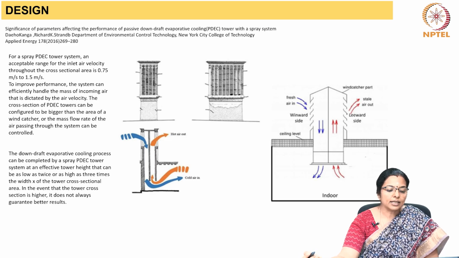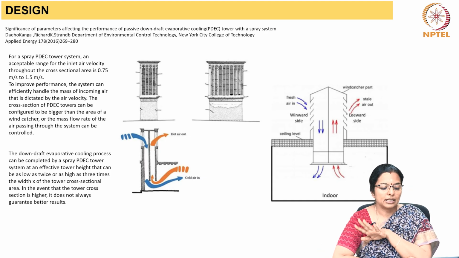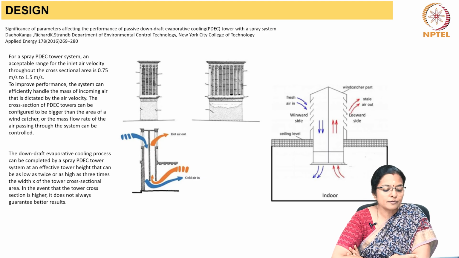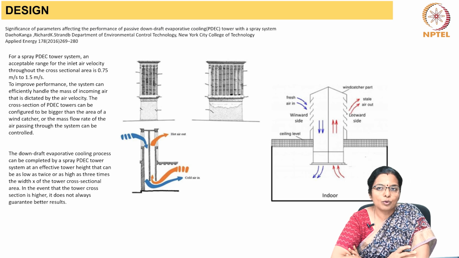So we can see in this research paper, which talks of the significance of parameters which affect the performance of PDEC, that for a spray PDEC tower system, an acceptable range for the inlet air velocity throughout the cross section should be 0.75 meters per second to 1.5 meters per second. To improve performance, the system can efficiently handle the mass of incoming air that is dictated by the air velocity.